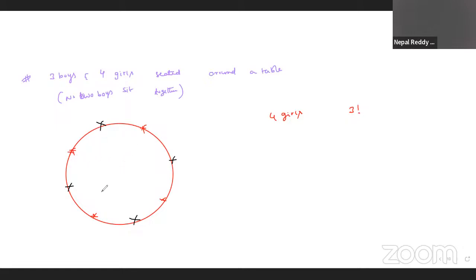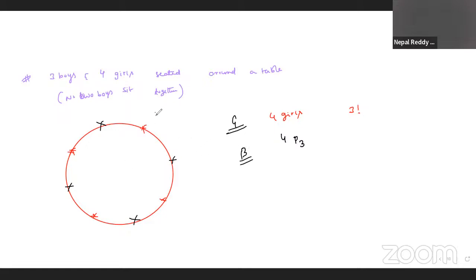How many boys are here? 3 boys can occupy 4 gaps, right? So that is 4C3. In these 4 gaps, we have to arrange 3 boys, right? That is 4P3. 4P3 into 3 factorial. This is the arrangement of girls and this is the arrangement of boys.